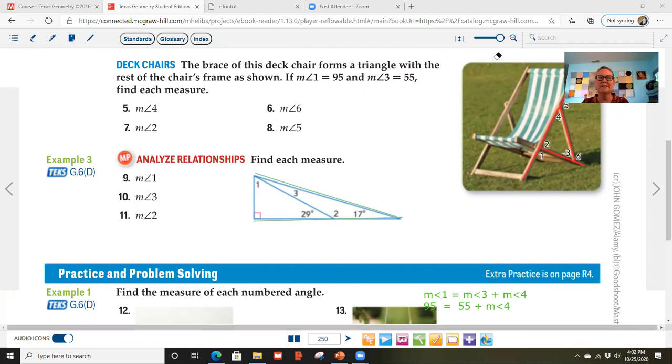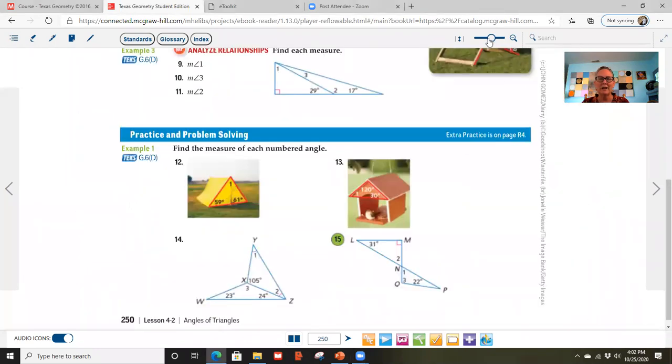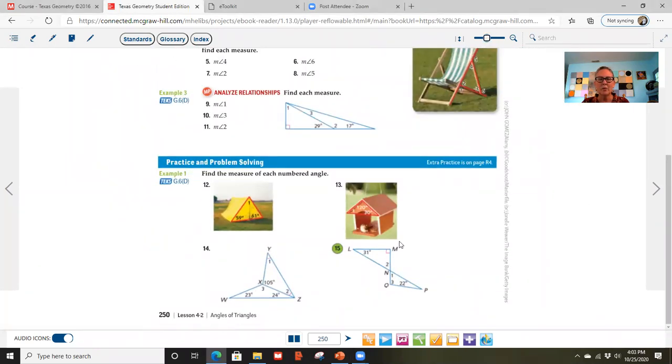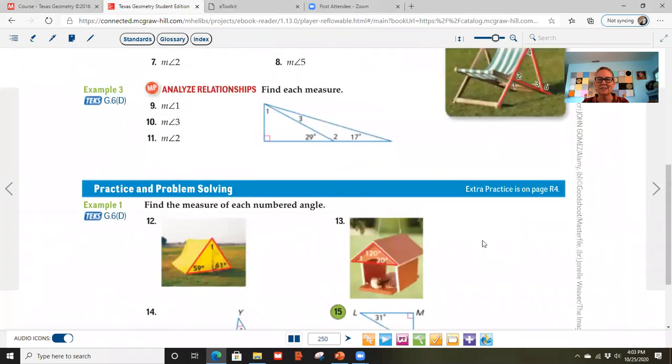The only type of examples that I didn't give you were, let me zoom out a little bit, were any that had algebra in them. Oh, also to remember, like for example, for number 15, zoom in again and go down to number 15.